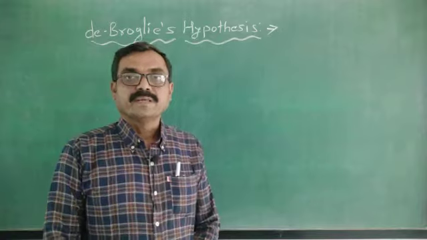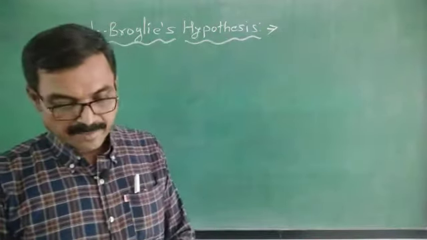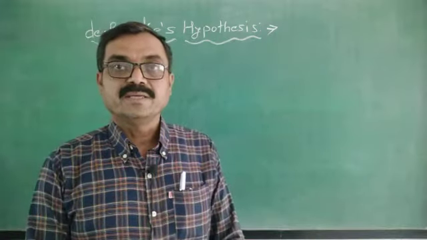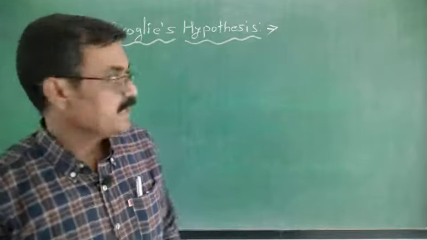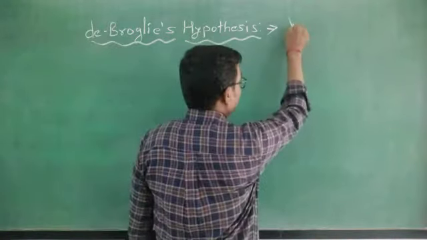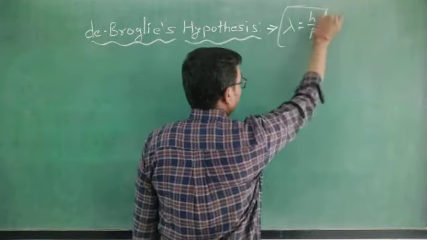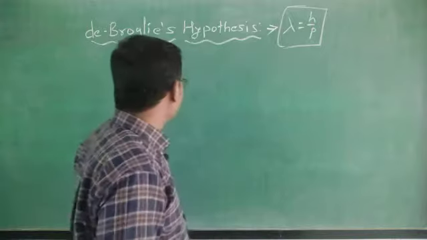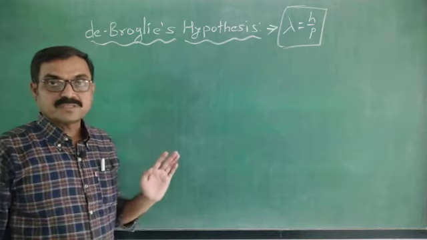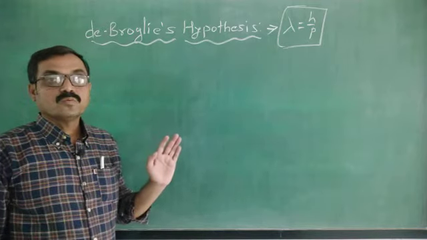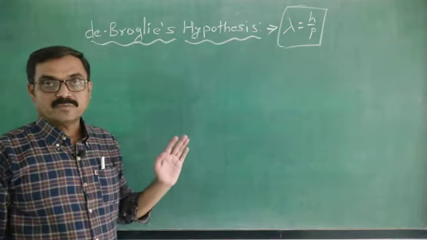Now see de Broglie hypothesis and derivation of de Broglie equation. The derivation of de Broglie equation is lambda equals h upon p. This is also we have to derive. Now for this, see carefully what is de Broglie hypothesis and how the de Broglie equation is derived.